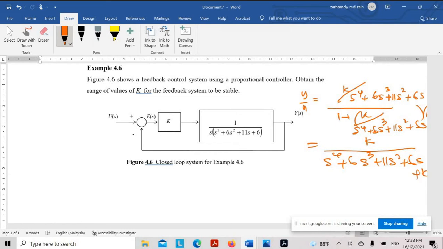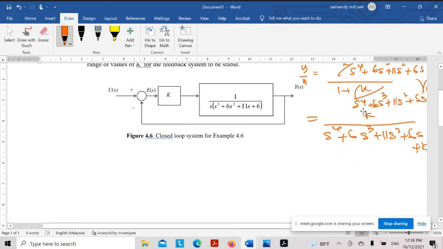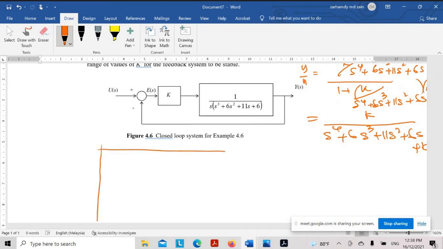Try to do it. Can you make this, and then you come up with the Routh table, and you follow the procedure to substitute all the related coefficients into the table.